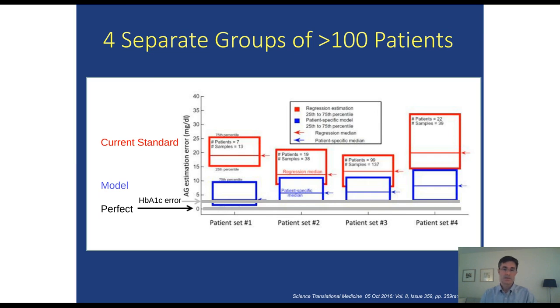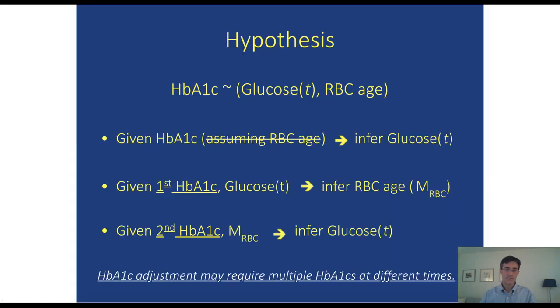I'm hopeful that at some point in the near future, patients will be able to benefit from these methods. One last point I want to make, though, is that these methods for improving the accuracy of hemoglobin A1c work differently from how we currently do it: instead of assuming what the patient's mean red cell age is, if we measure an A1c initially, we can infer that patient's mean red cell age, and then in the future we can adjust subsequent A1cs for the effect of red cell age and provide a more accurate average glucose.